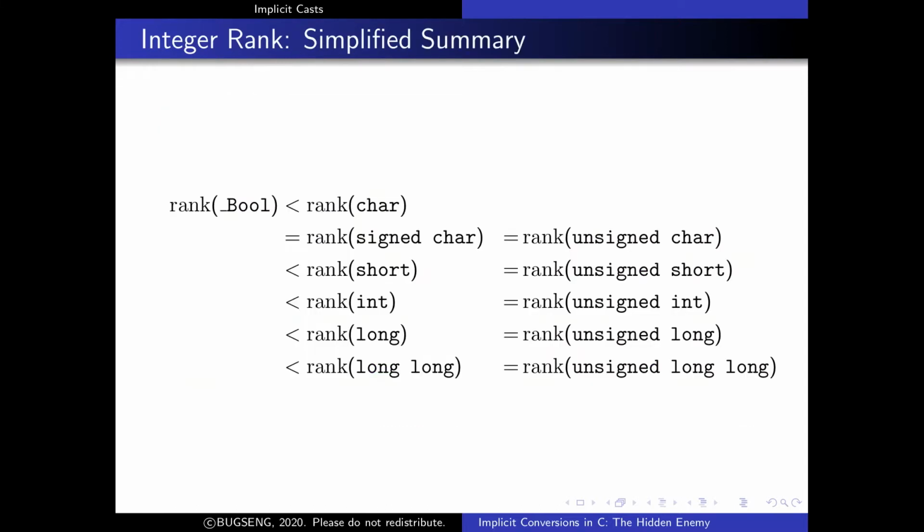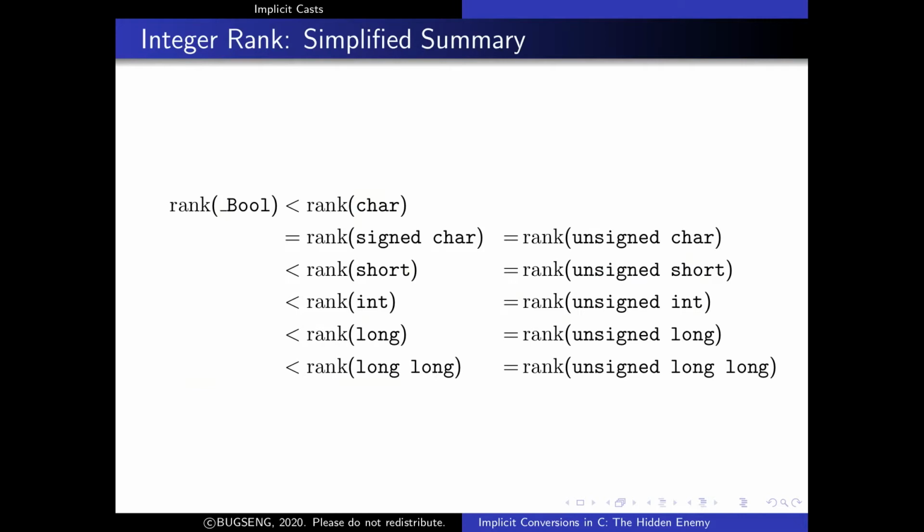Let's forget about extended integer types that an implementation can provide. DSPs, for example, are typical examples of situations in which you may have additional integer types. So let's take the standard ones. The rank of bool is strictly less than the rank of char.